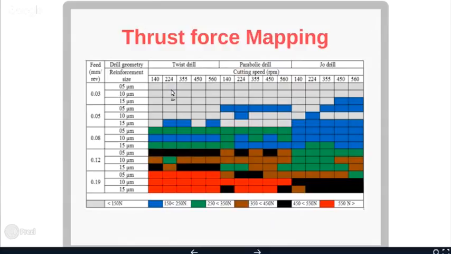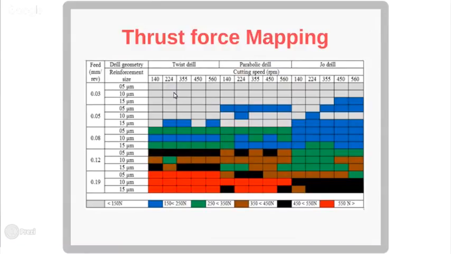Cutting speed varies from 140, 224, 355, 450, and 560. And the feed varies from 0.03, 0.05, 0.08, 0.12, 0.19 millimeter per revolution.